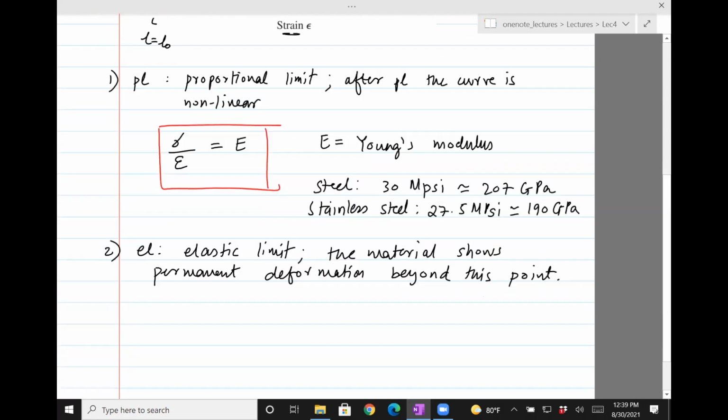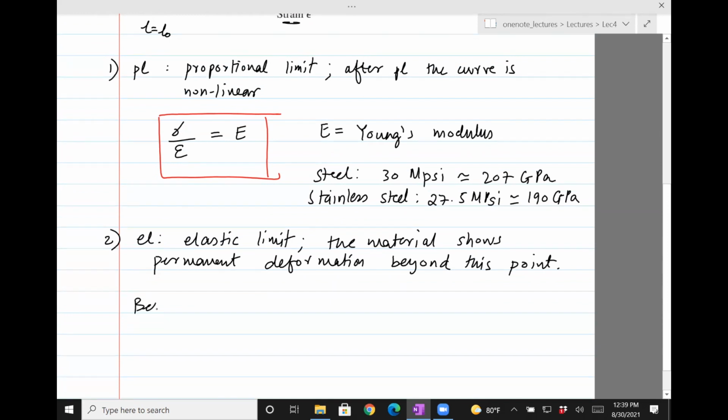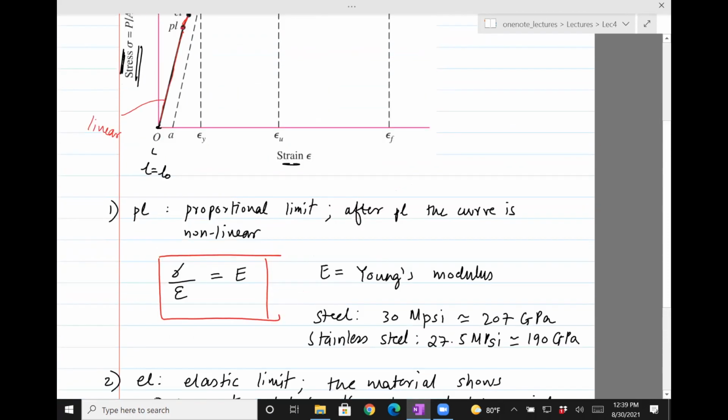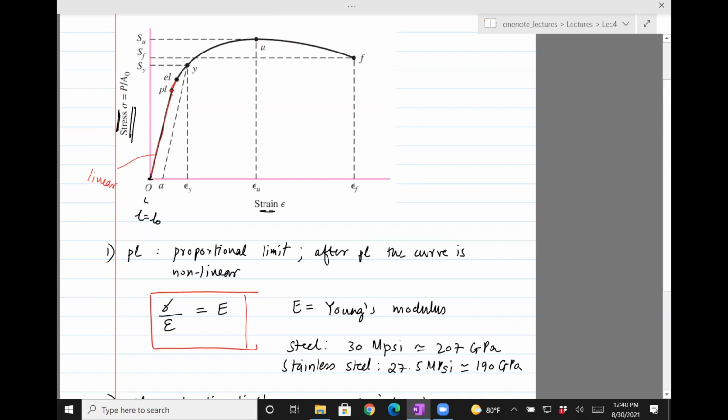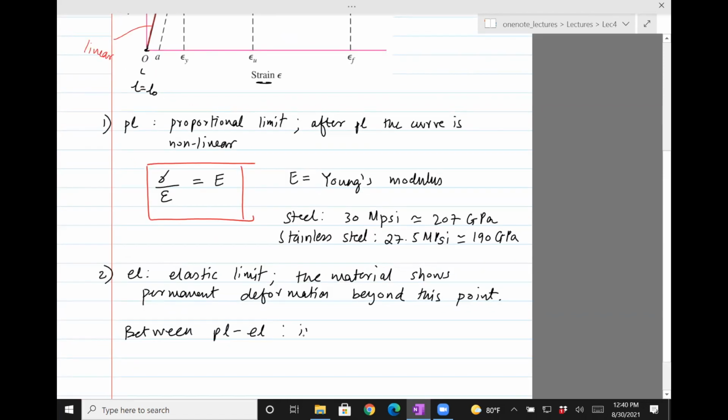Between PL and EL, just between these two points, the material is elastic but non-linear. That is, you cannot use Young's modulus to characterize the material behavior there.